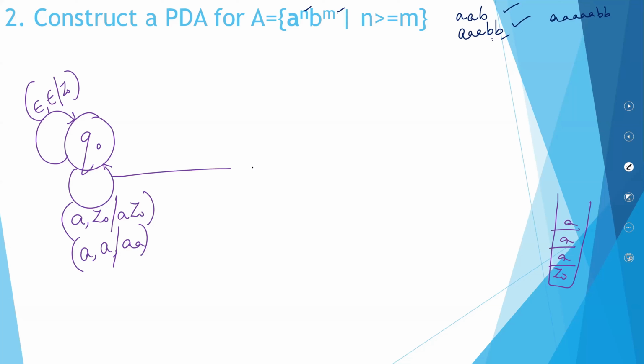Now you will be encountering the first B. The top of the stack is A. The moment you encounter a B, you pop the A out.